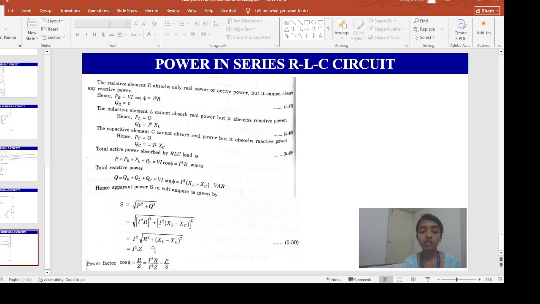So after calculation, we will get I square into Z, and the power factor cos phi is R by Z. If we multiply both numerator and denominator by I square, then I square R is my active power or true power, and I square Z is my apparent power. So that is the definition of the power factor, right? The ratio of the true power to the apparent power.